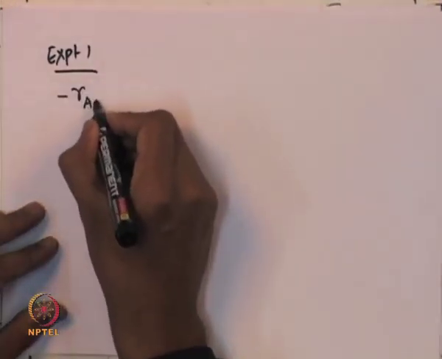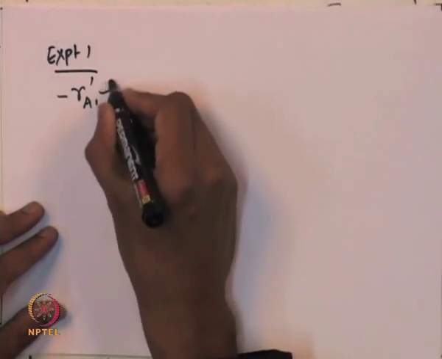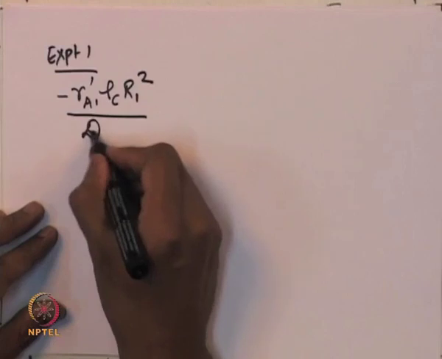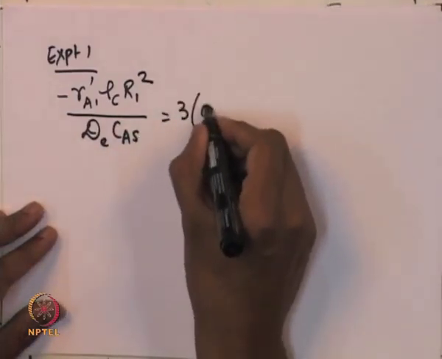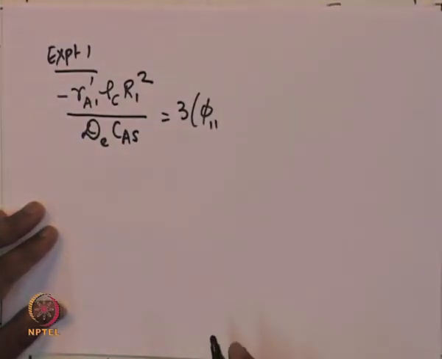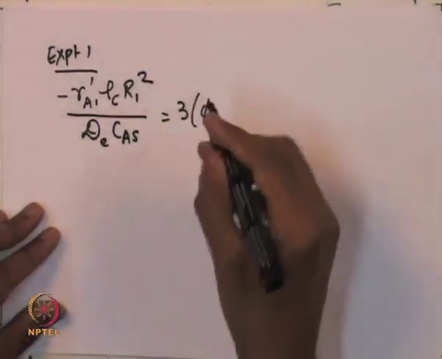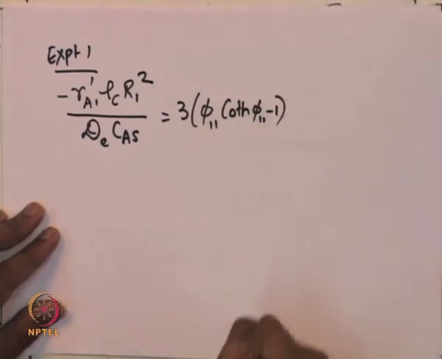So, for experiment 1, this is given by minus R A 1, which is the observed reaction rate when the catalyst pellet is, let us say, 10 millimeters, multiplied by rho c into R 1 square divided by D E into C A S, and that should be equal to 3 into phi 1 1. Now, phi 1 1 corresponds to the Thiele modulus of the first order reaction for the first experimental run, multiplied by coth phi 1 1 minus 1.